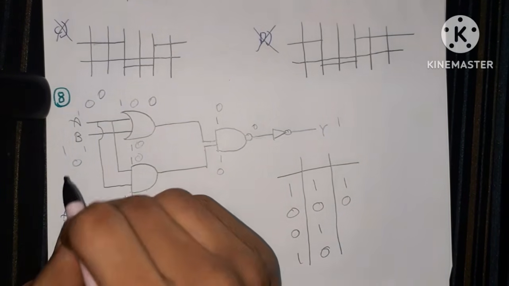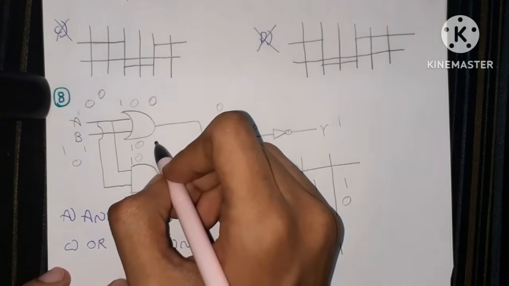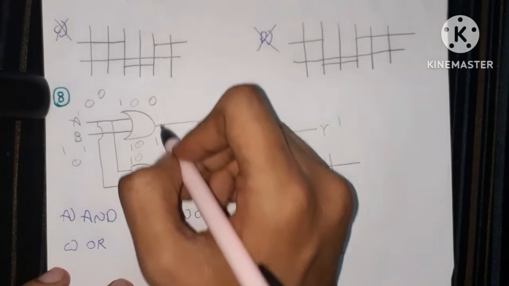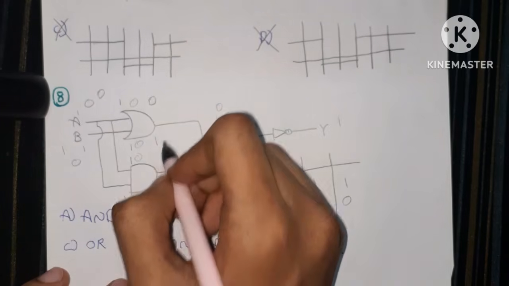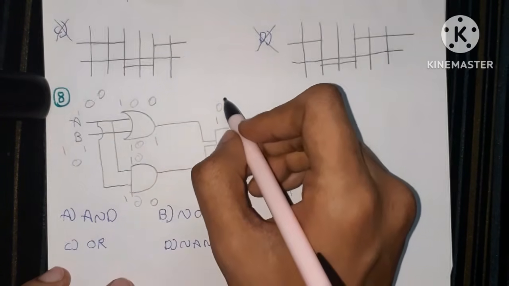Okay, next we are dealing with 1. The 1 will come here, it is 0 and 1. We will go through this first. 0 and 1 is 1, we got 1 here.